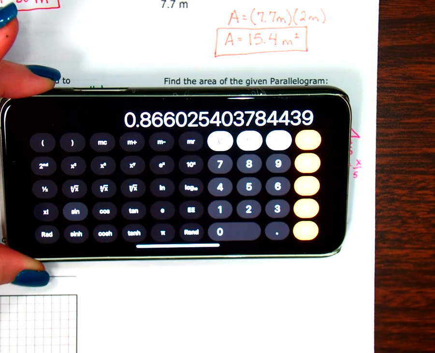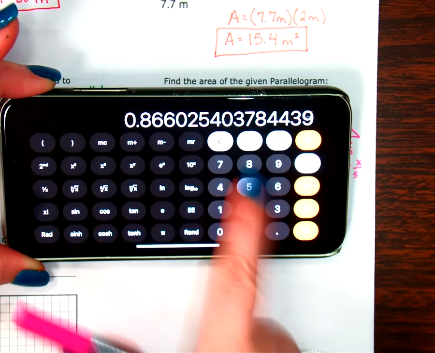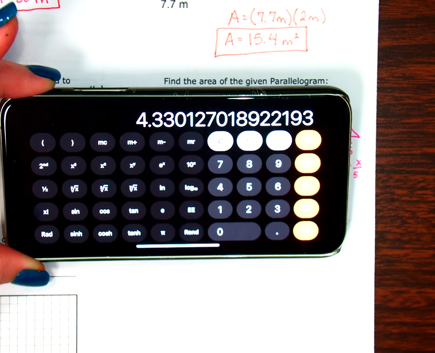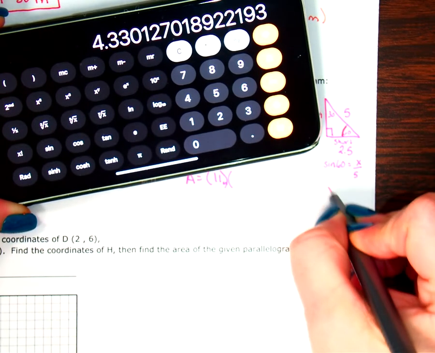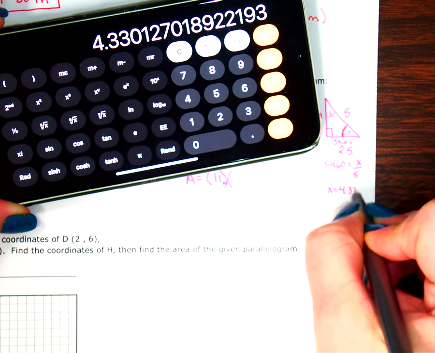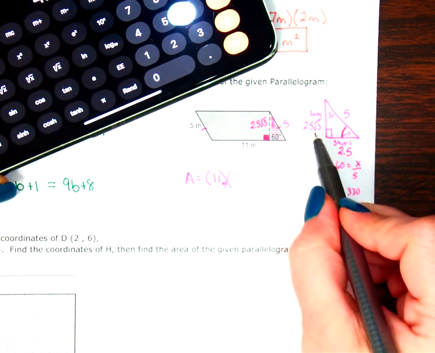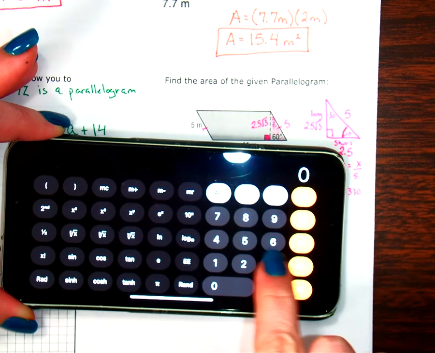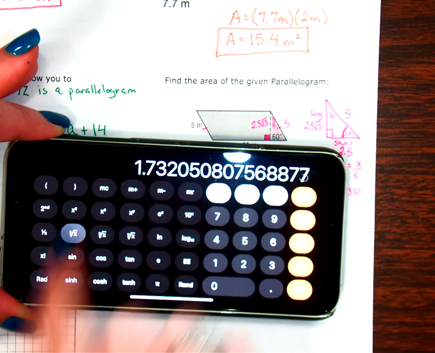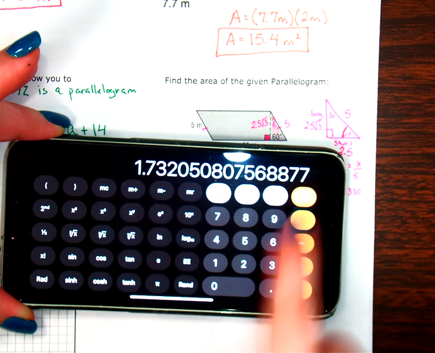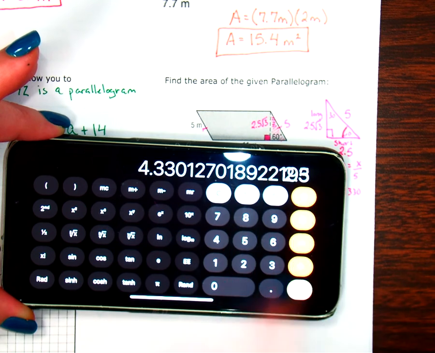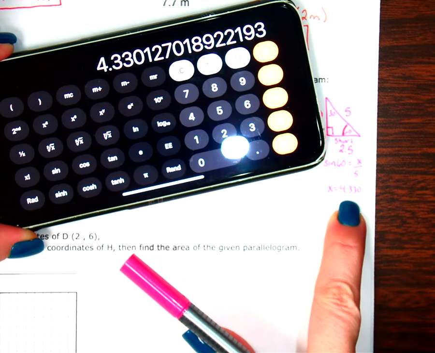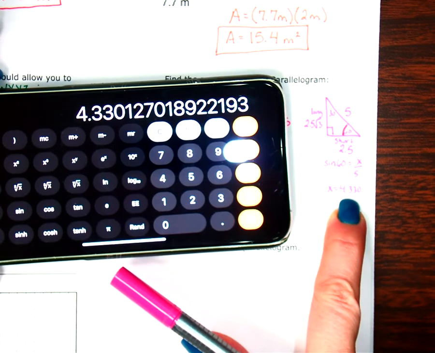So if I take the sine of 60 and multiply it by 5, I get 4.330. And I'm also saying it's the same as 2.5 times the square root of 3. So if I do the square root of 3 times 2.5, I got the same answer, 4.330.